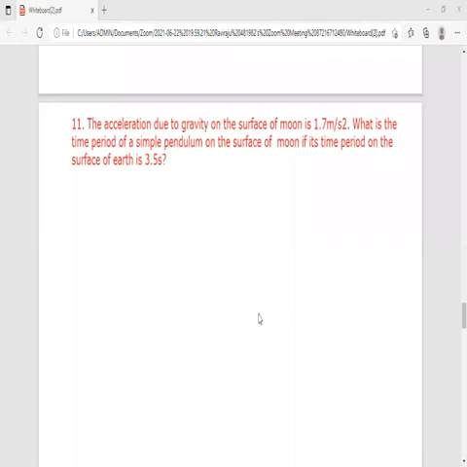So for simple pendulum, you have to write the formula for time period. What is the formula for time period of a simple pendulum? T equal to 2 pi root over L by G. Okay. And here they're asking the relation between T and G only. Na? So T1 by T2 can be written as root over G2 by G1.